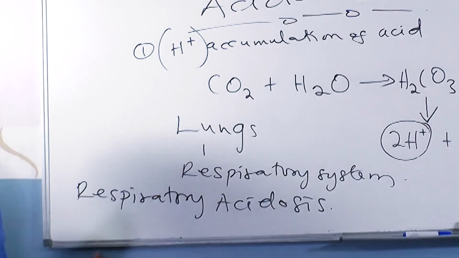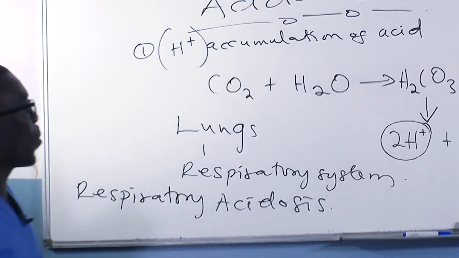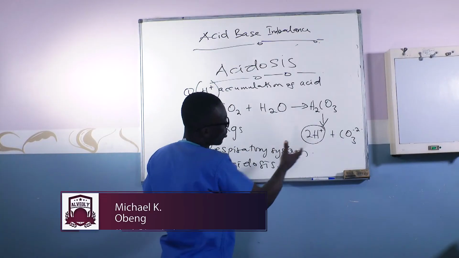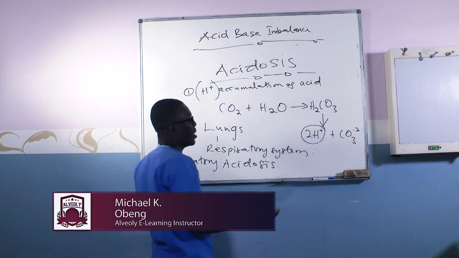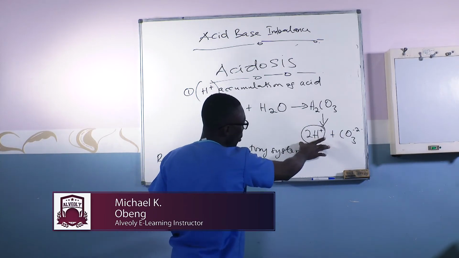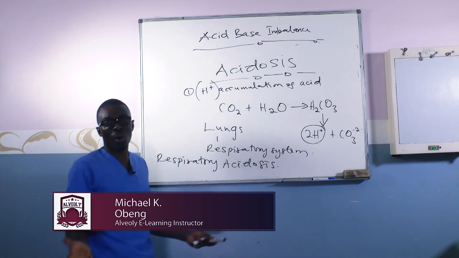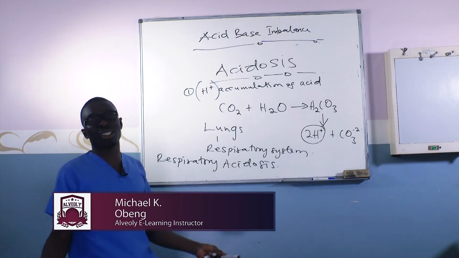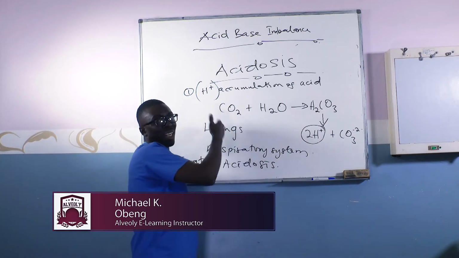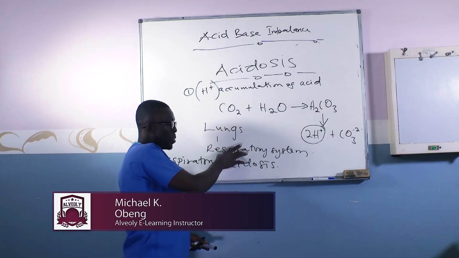So this is so simple. We are saying that when carbon dioxide combines with water, you produce carbonic acid, giving rise to what? Hydrogen ions. And if there is excessive accumulation of hydrogen ions, your blood becomes what? More acidic. However, which organ helps in exchange of gas in our body? It is our lungs, and our lungs are part of the respiratory system.